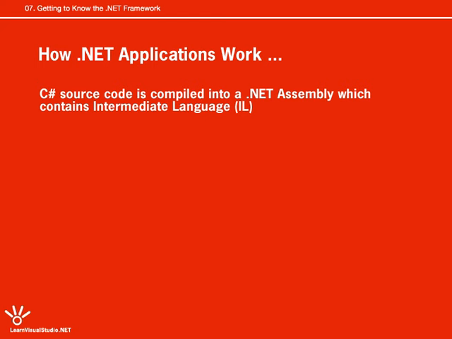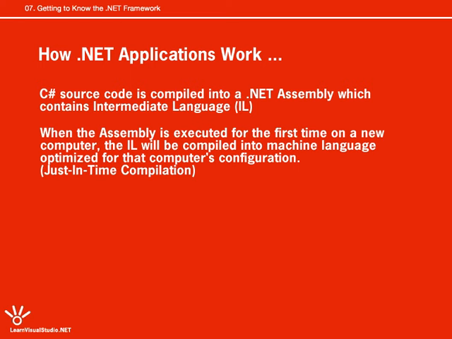So for example, if you were to create a .exe application and give it to a friend who's running Windows 98, the first time the application is run, it will use the intermediate language inside the assembly to compile a special version of your application that is specific not only to Windows 98, but also to the specific processor and the amount of memory and things of that nature.